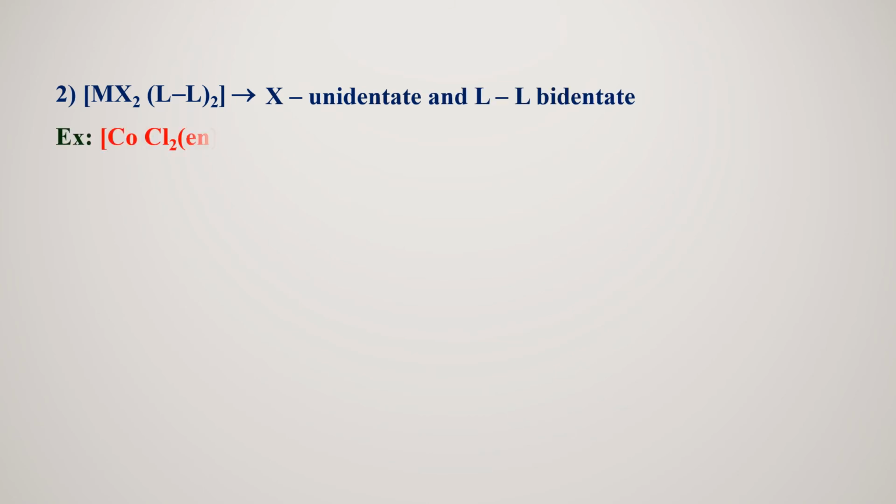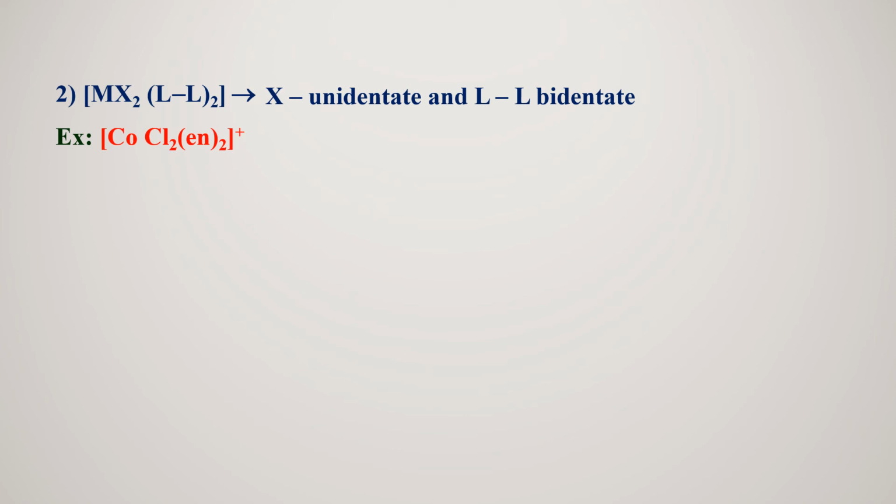See one more example. A metal with coordination number 6, an octahedral complex. So two ligands are monodentate here and two ligands are bidentate ligands. X is monodentate or unidentate, and the LL I have represented is bidentate or didentate.